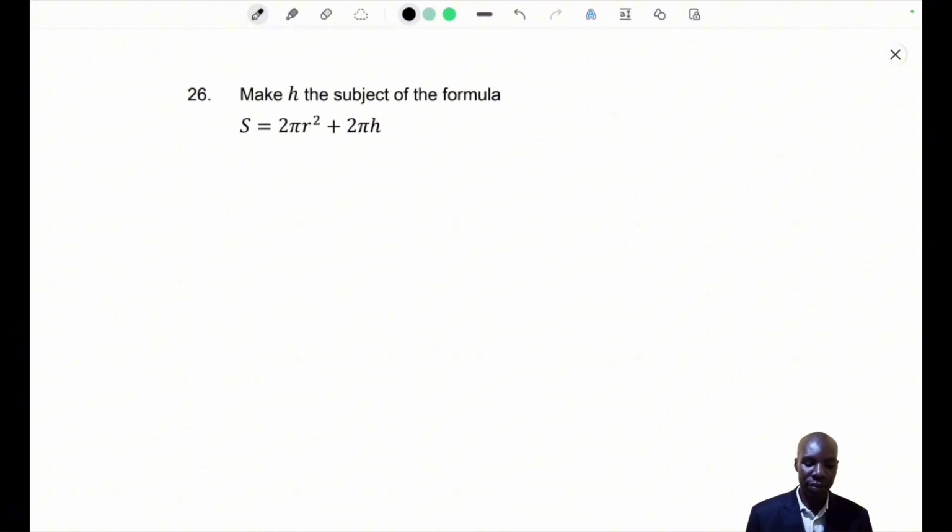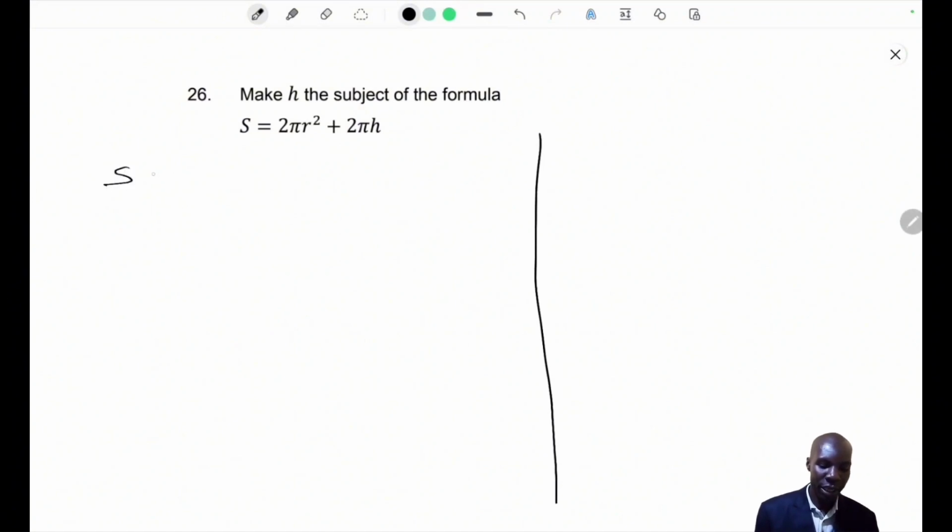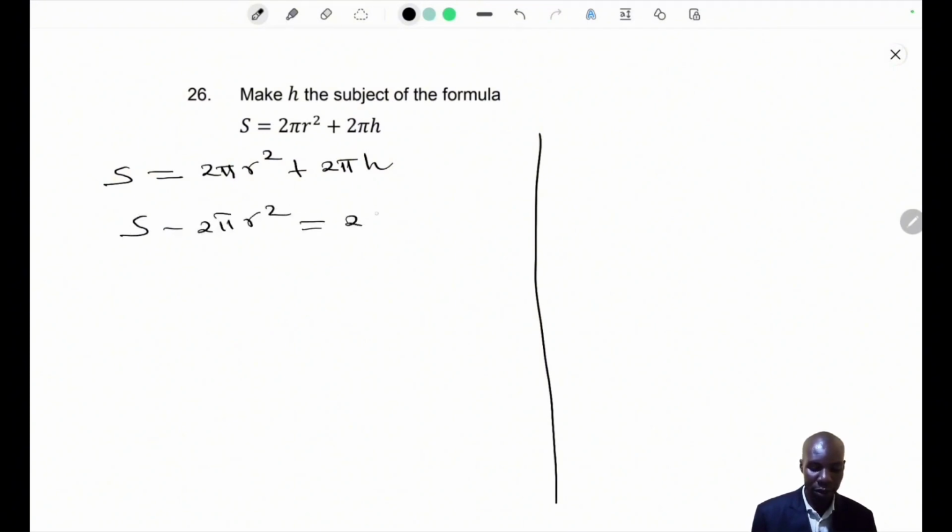Number 26. Make h the subject of the formula. So what we are given is s equals 2 pi r squared plus 2 pi h. We want to make h the subject of the formula. So what we are going to do here, we can have s minus 2 pi r squared is equal to 2 pi h.